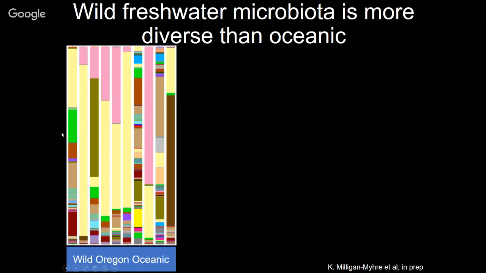And yes, we do. So this is a bar chart showing the different families of microbes that are present in wild-caught Oregon fish. At the time, I was a postdoc in Oregon, so these are fish that were collected off the Oregon coast. Each of these is an individual fish, and each color represents a different family of microbes in these individual fish.